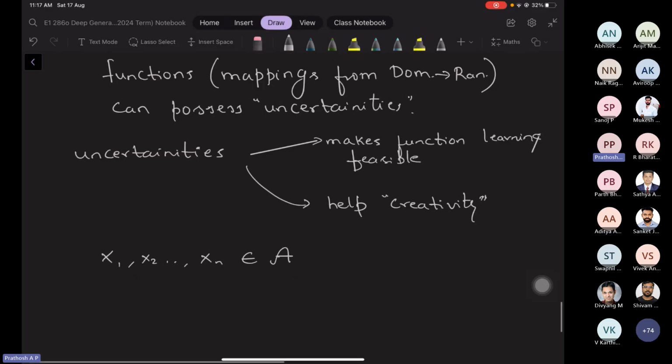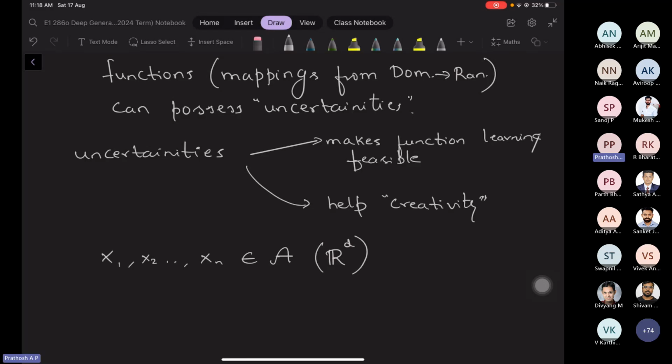Each of these observations are the sets that we look at. Now these vectors, let's say that these are some d-dimensional vectors.